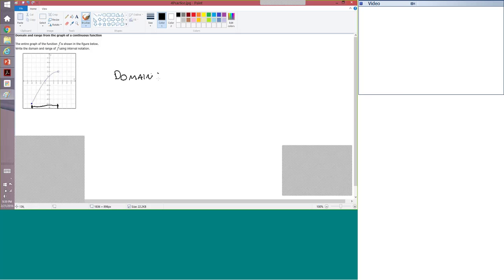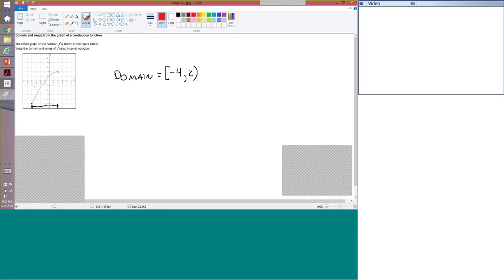Our domain is going to be where we start on the left, and in this case, since we have this closed-in circle, I'm going to put it in a bracket. And we start at x is equal to -4. And then we keep going up on the right to this point where x equals 2. And since that's an open circle, it gets a parenthesis.